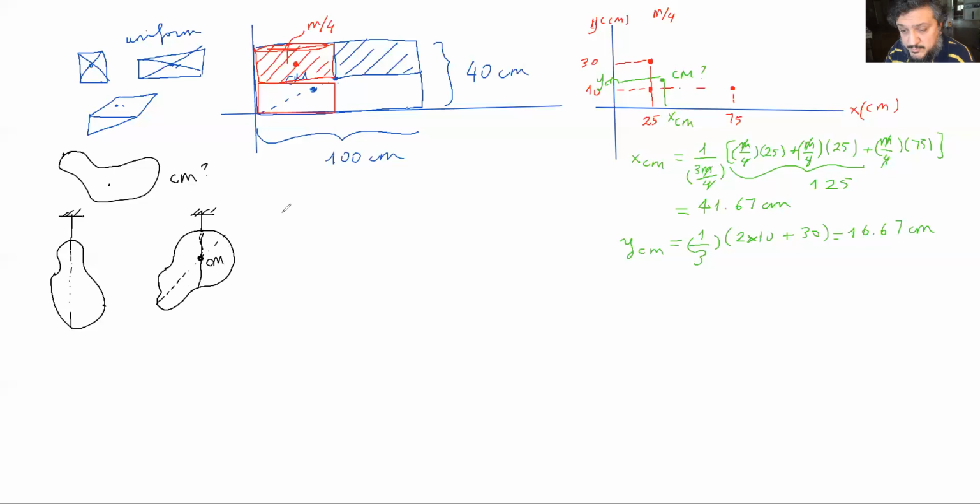But let's find it analytically using calculus. Okay, that's the only way. Now, remember the original formula for point particles. This was 1 over mass total, then the summation over each mass and its x coordinate. Now, to do it using integrals, you got to pick a differential mass, a very tiny bit of this object.